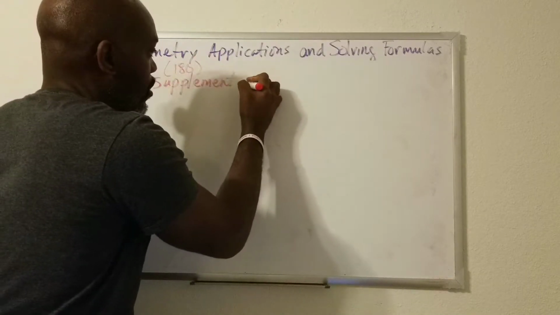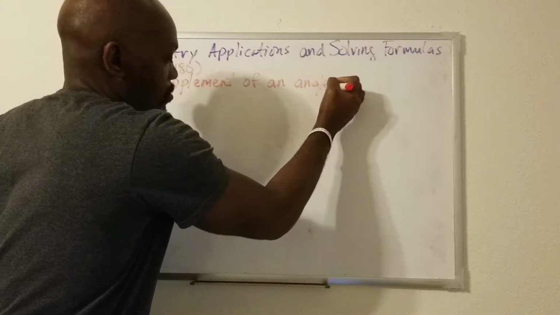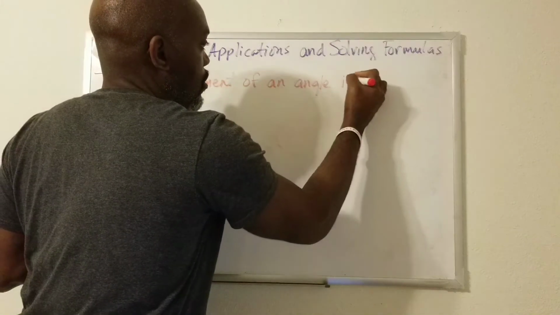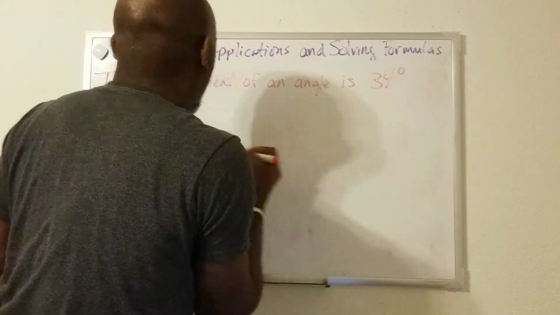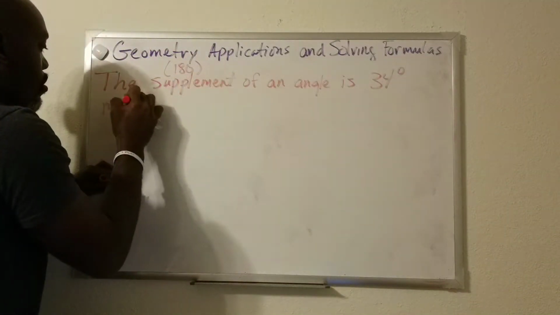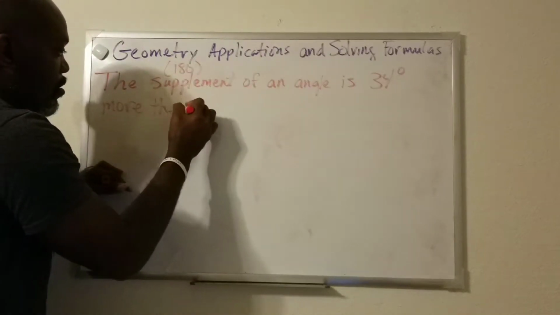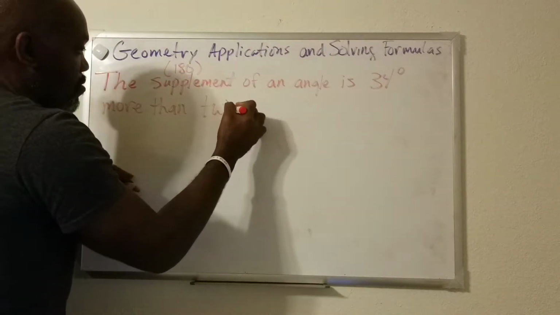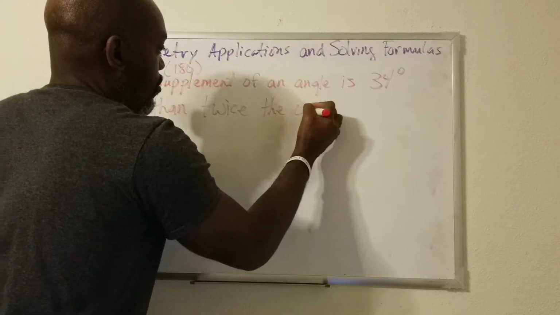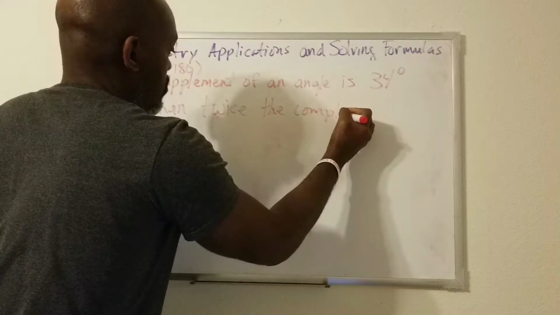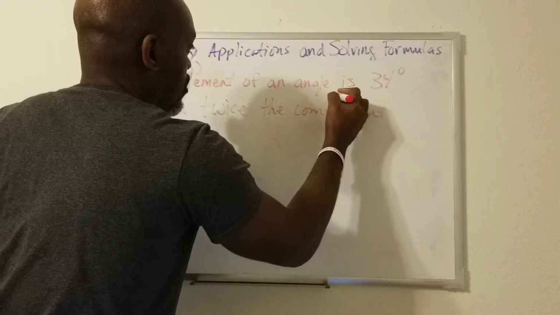The supplement of an angle is 34 degrees more than twice the complement, which was 90 degrees.